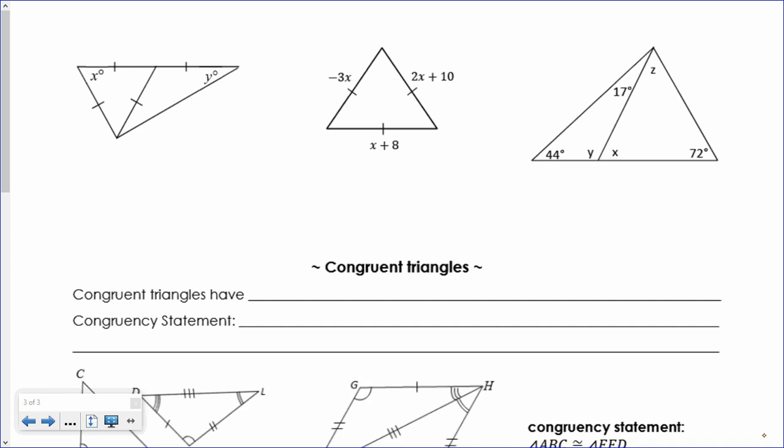So y equals x. Because it's Spanish. You're Spanish.